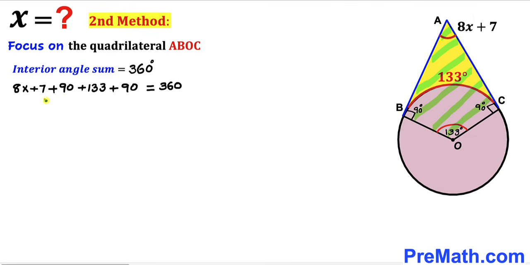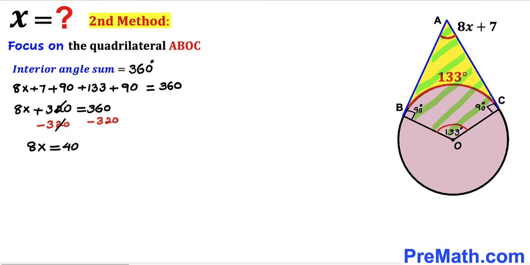If we add these like terms, that adds up to 320. So we can write down 8x plus 320 equals 360 degrees. I'm going to subtract 320 from both sides. Here we can see this cancels out on the left-hand side, so 8x turns out to be equal to 40.